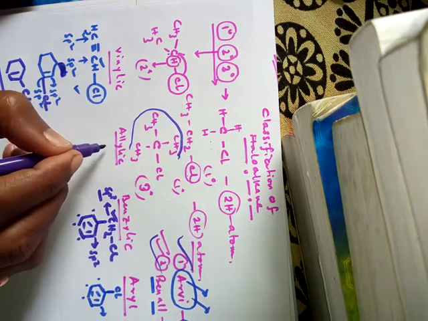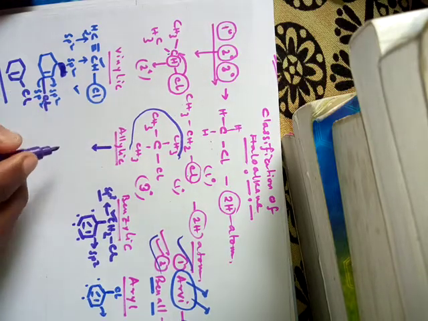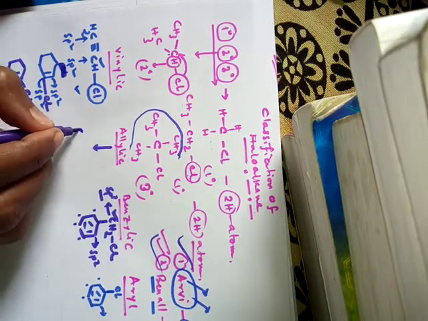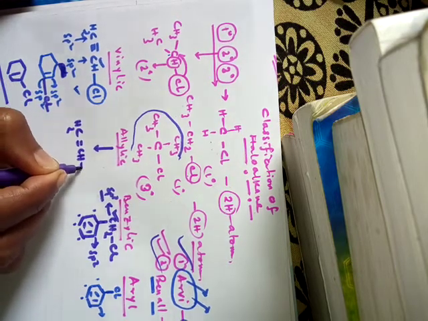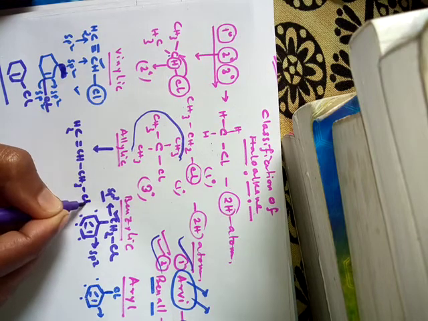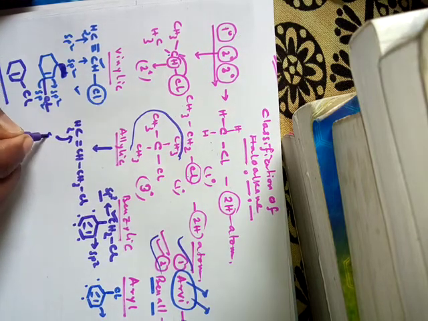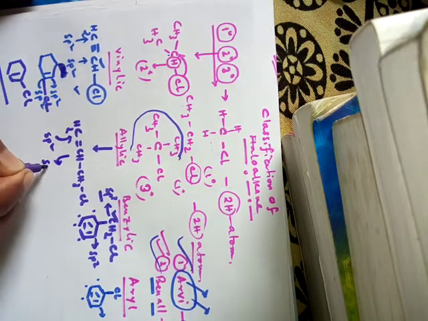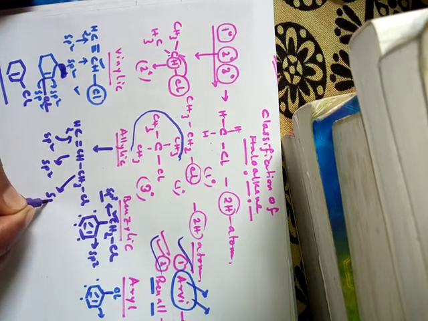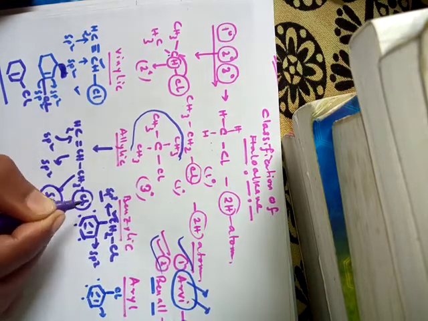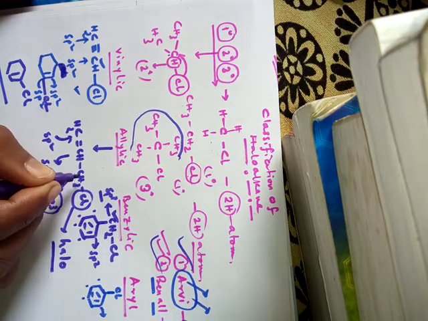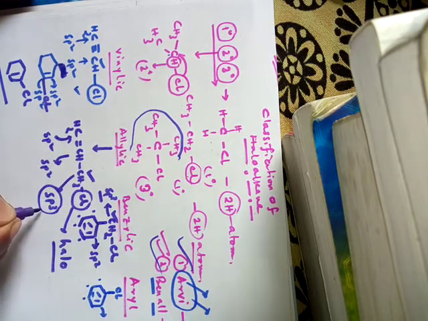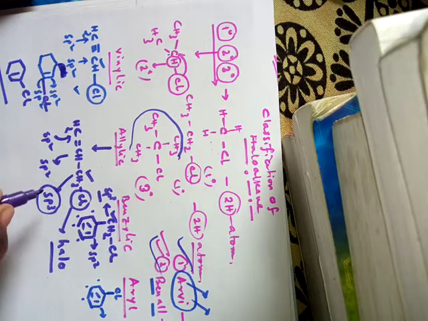If we take the example of allylic, the example will be something like this: CH2=CH-CH2Cl. This carbon is sp2, this is also sp2, but this carbon atom is sp3, and here the chloro group, that means the halo group, is directly attached to this completely sp3 hybridized carbon atom. So that is an example of allylic halide.